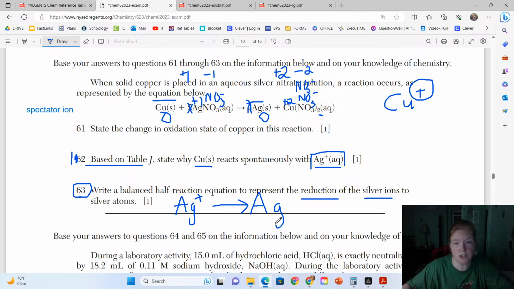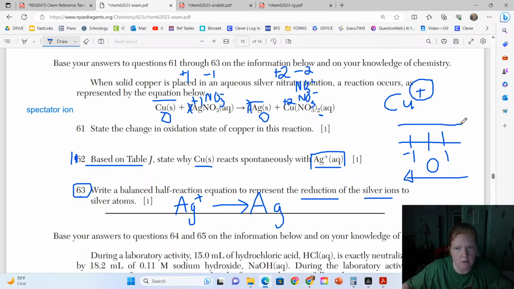It is reduction at the cathode. So there's a few phrases to help you remember, but what I'm going to draw here is a baby number line, 0, 1, -1. And I'm going to draw an arrow going this way and an arrow going this way. Now, electrons have a negative charge, right?